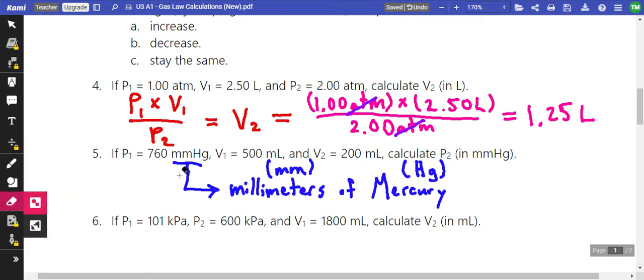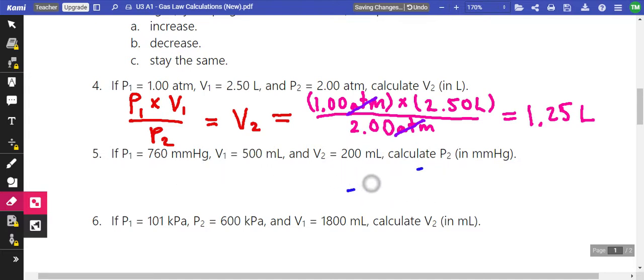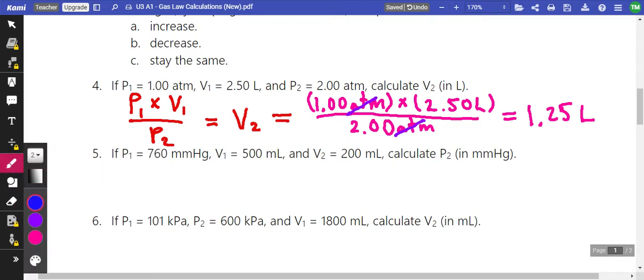The way that we used to measure atmospheric pressure, and we don't really do it often this way anymore, with a barometer, we would basically have a dish of mercury.